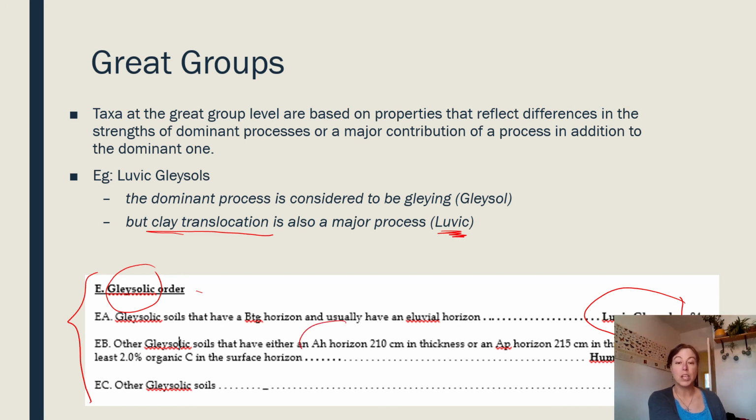Or if there's a really giant Ah horizon in your gleysol, you might have a humic gleysol. So the great group is just an additional qualification of a secondary feature. So the main overwhelming feature is that it's gleyed, but it also happens to have this secondary feature. And this is why we have ferric podzols and humo-podzols and humo-ferric podzols. Is your podzol mostly full of humus, or is it mostly full of oxidized iron?